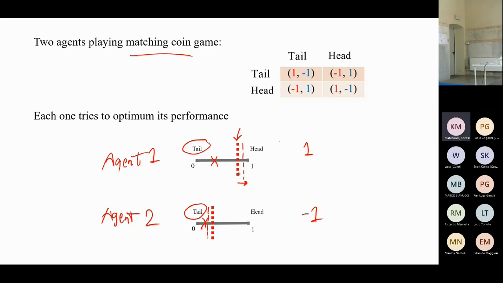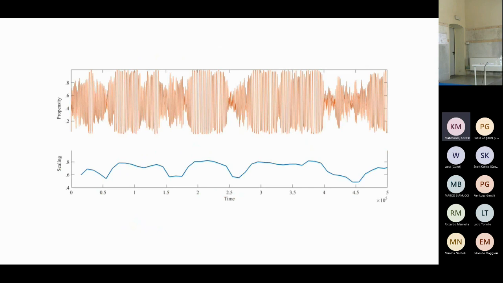So now you can see this threshold for decisions will go back and forth, right? It moves between 0 and 1. Here, the red is the position of that threshold. And you can see there is sort of oscillation. But this oscillation is an emergent property of the process because they are competing.